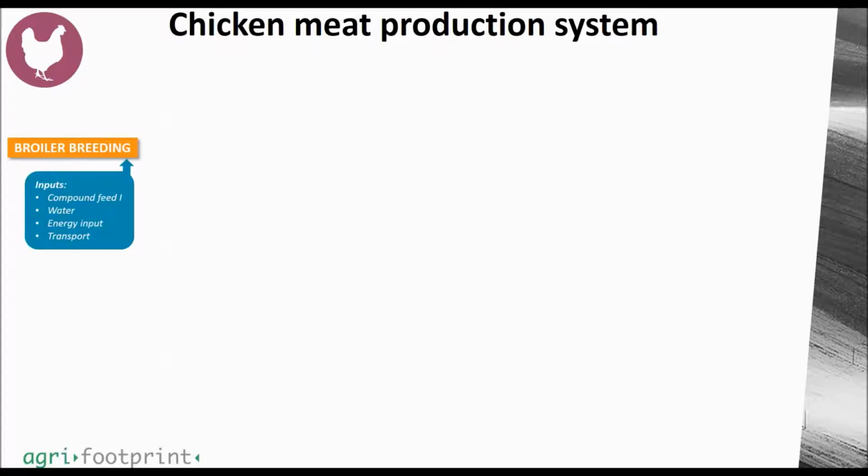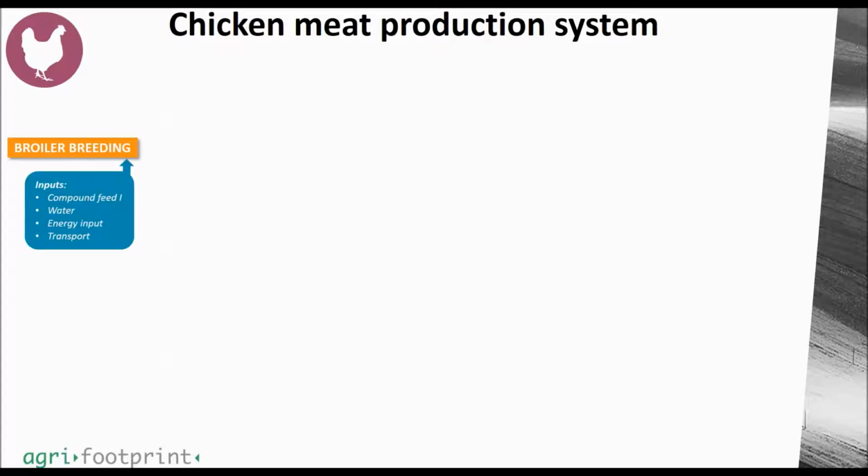Okay, so I will now move into an example of how a process is modeled in Agri-footprint and how you can calculate impacts throughout the life cycle. So some people might be familiar with the structure of Agri-footprint, but I think this is nice for people who haven't used Agri-footprint so far. So let's take, for instance, the case of a chicken meat production system. In the first production stage, we have the breeding of broilers.